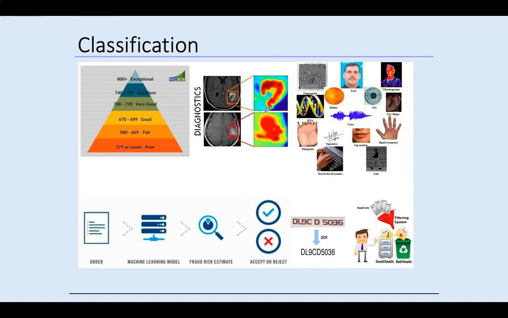In machine learning, there are different techniques for classifying data. From a diagnosis perspective, we can tell whether a cancer is benign or malignant based on certain images, and categorize images.